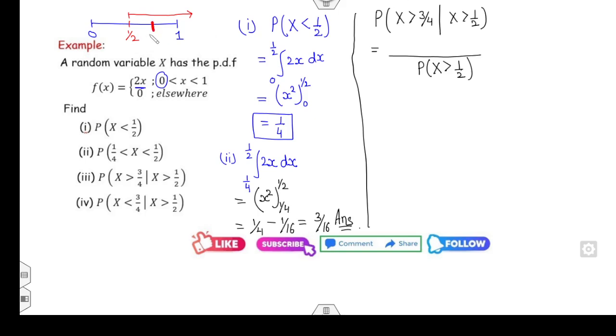This number is my 3 by 4 and it is again greater than. So which is the portion common? Only this much portion will be common. The upper limit is 1. So the numerator, you can write it as the probability 3 by 4 less than x less than 1. Clear? Now I can find the numerator, which is 3 by 4 to 1 of 2x. And the denominator is half to 1 of 2x.